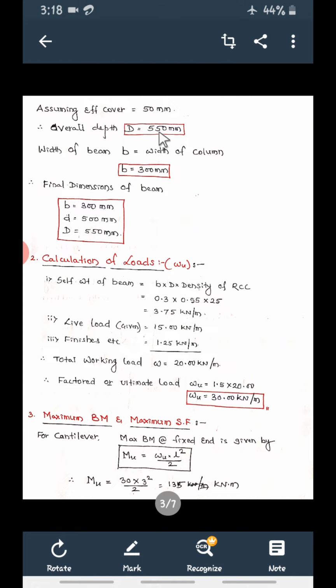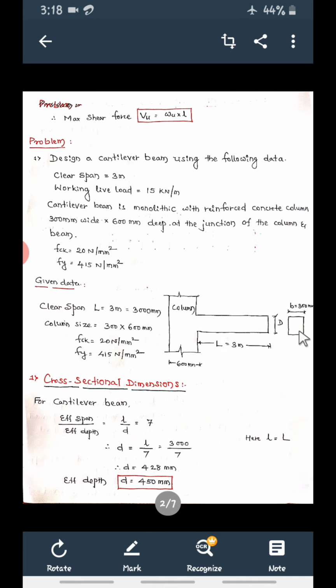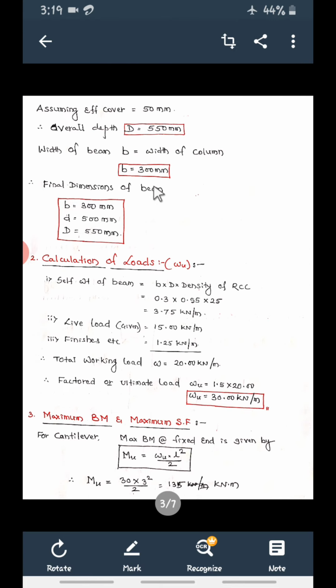Right. Next, the width of the beam. You can assume it as usual, as you assumed in the previous case also. The width of the column is given as 300 mm, so it is nothing but the width of the beam. So the width of the beam, B, is equal to 300 mm, and this capital D we have already calculated.